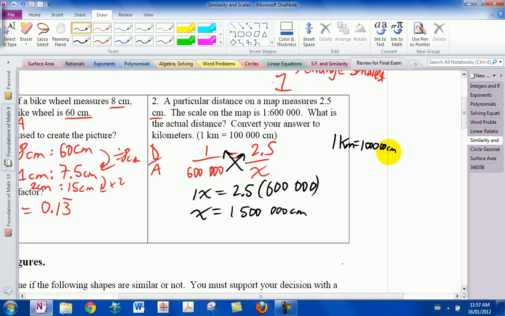And so we have here 1,500,000 centimeters. How many kilometers? So what would you have to do? Would you have to multiply? Yeah, you'd have to multiply. What would you multiply by?